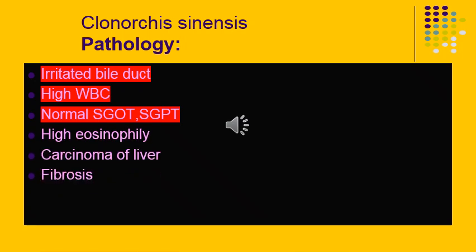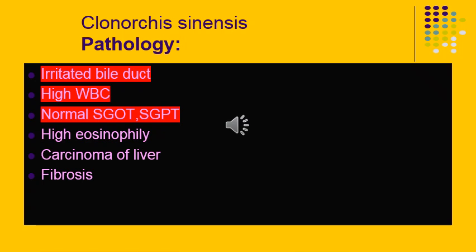Now it's better that we talk about the pathology of Clonorchis sinensis. As you know, the living place of Clonorchis is in the bile duct of the liver. So it will irritate the bile duct, plus high WBC.